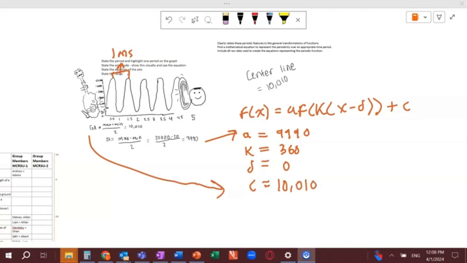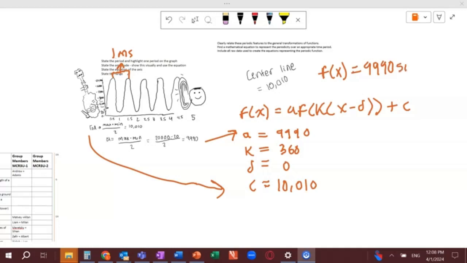Now to set up our equation, it's going to be f of x equals A, which is 9,990. And now we need to know if it's a sine or a cos graph, and it is not a cos graph because it does not start at its max, so it is a sine graph.